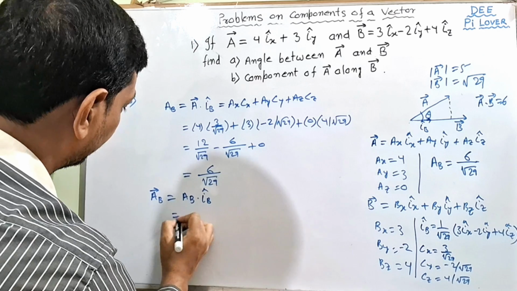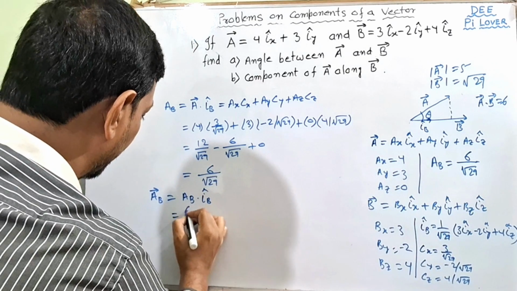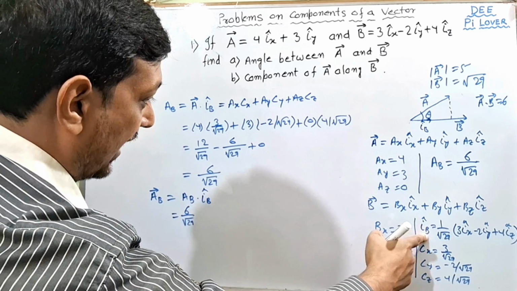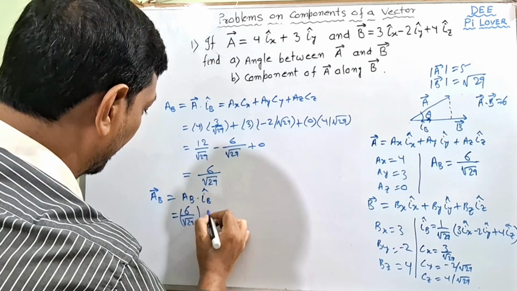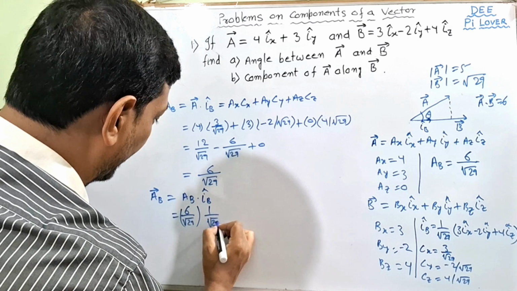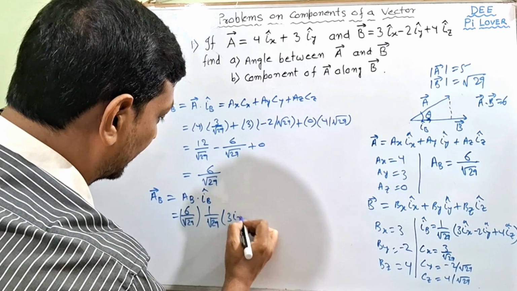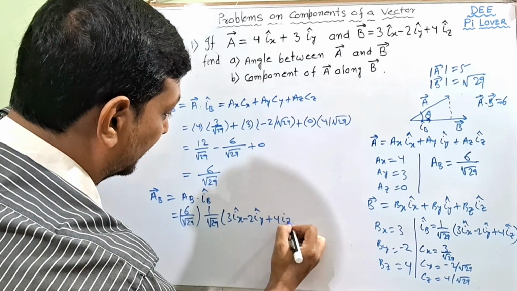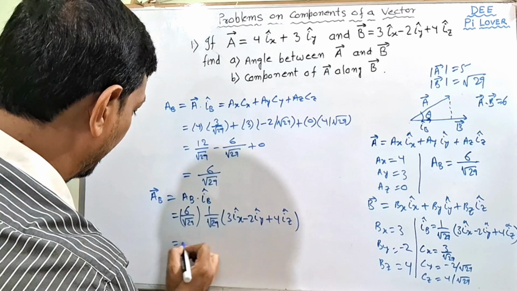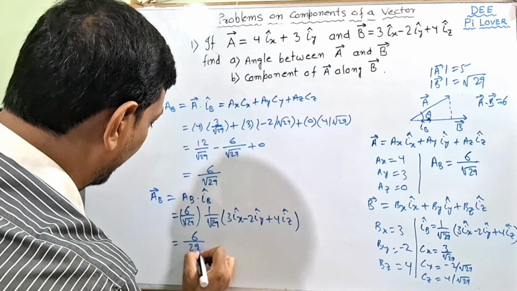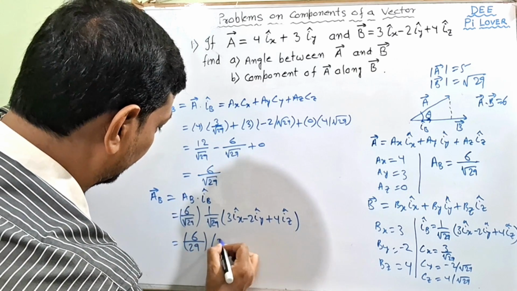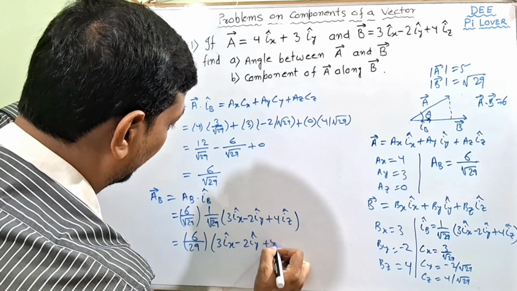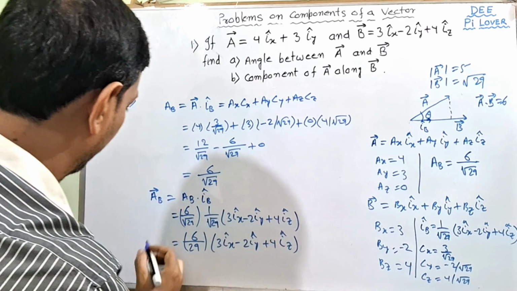What will we get? AB is 6 by root 29 and IB is 1 by root 29 times 3 IX unit vector minus 2 IY unit vector plus 4 IZ unit vector. Now 6 by 29 times 3 IX unit vector minus 2 IY unit vector plus 4 IZ unit vector.